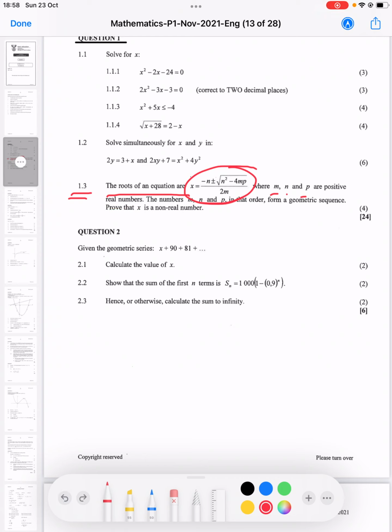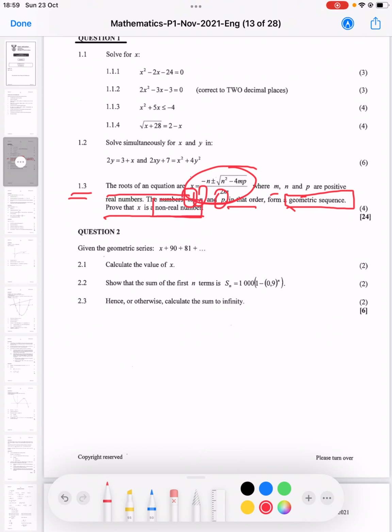The numbers m, n, and p in that order form a geometric sequence. You might need to remember something about a geometric sequence. And now they say prove that x is a non-real number.